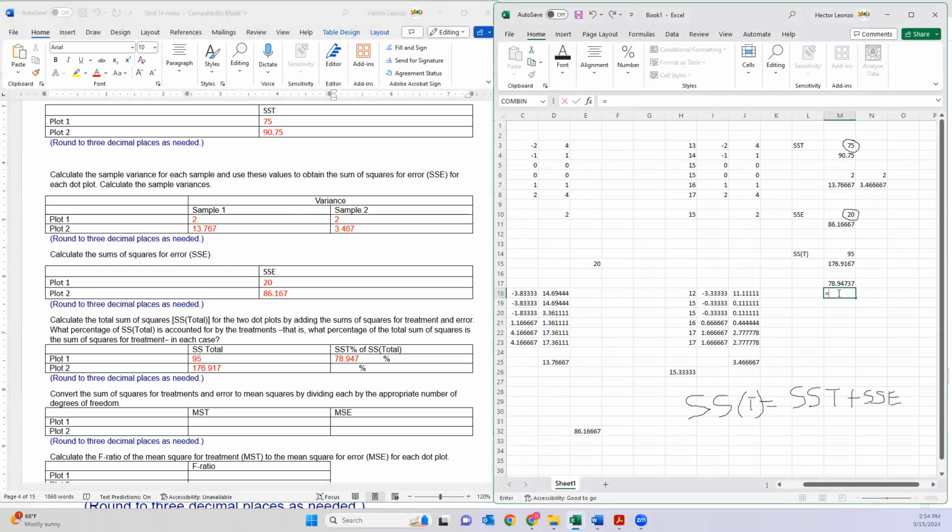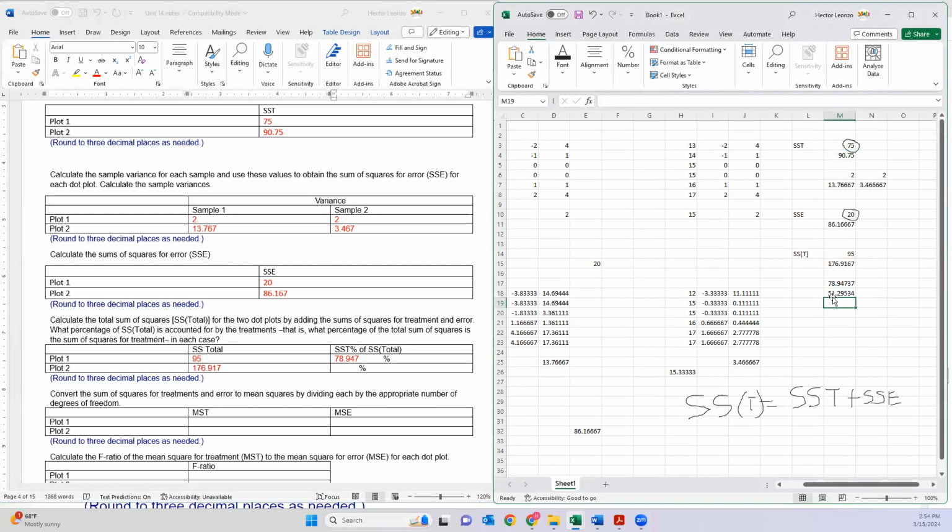Now for plot two, what was the SST on plot two? 90.75 divided by SS total, 176.9167. Okay. And let me multiply this by 100.